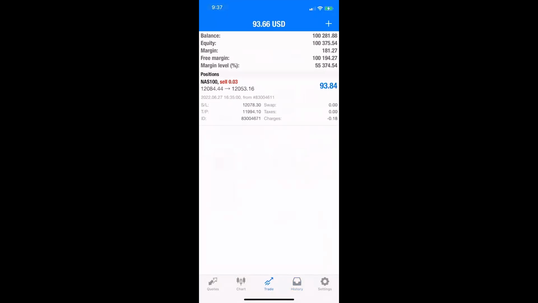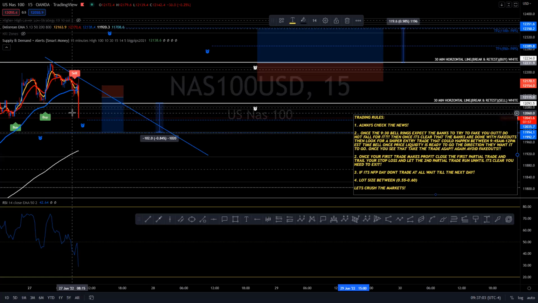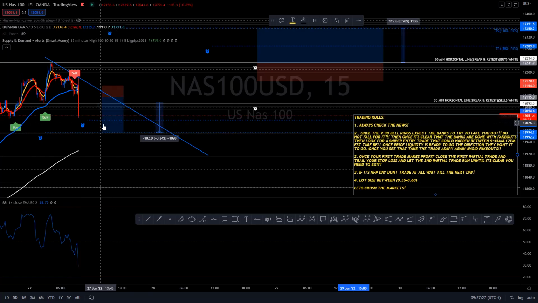I'm going to share my main screen here. Let's trail this stop loss hard now. $78 in profit. Trail it to here. Stop loss trailed. Now we're in there. Just let the second trade ride.